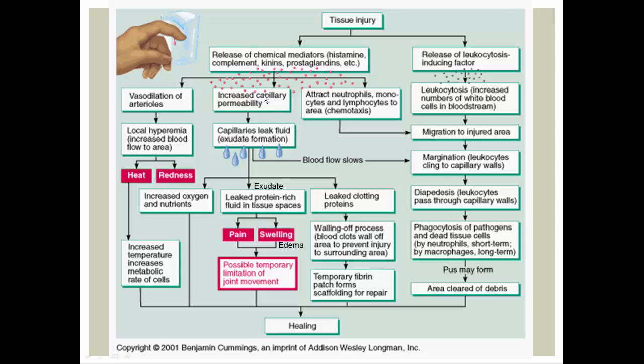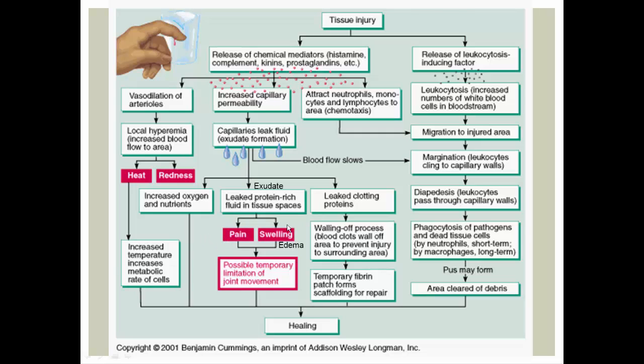Increased capillary permeability is going to make the capillaries leaky, so we get exudate formed. That exudate is the fluid that you see building up in the tissues surrounding a cut, and that means we get swelling or edema associated with that increase in leaky capillaries. Also, that swelling, that fluid that's building up, is going to push on the pain nerve endings, putting pressure on those, and that means we get pain as well.